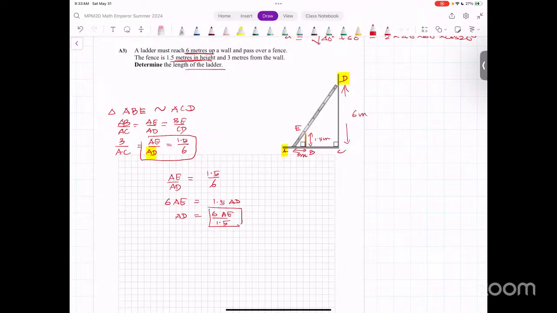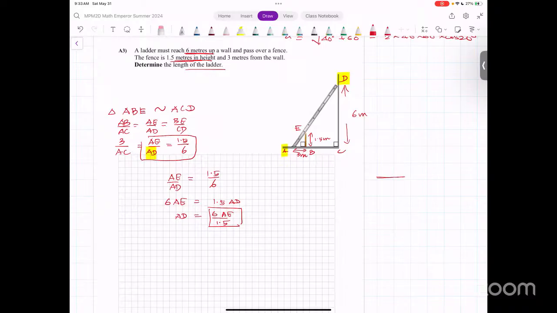Wait, let me think. Okay, Shreya, how do I find AE? Oh, I figured it out, sir. You use SOHCAHTOA? No. Shreya, how do I find AE? Pythagorean theorem. Correct, Pythagorean theorem.